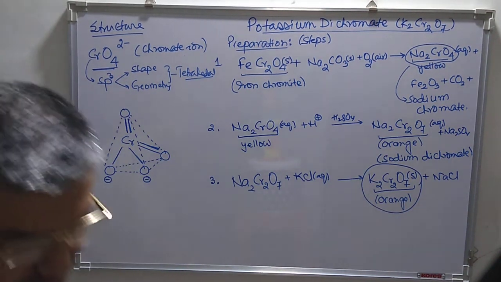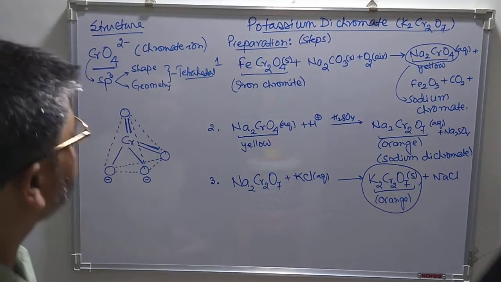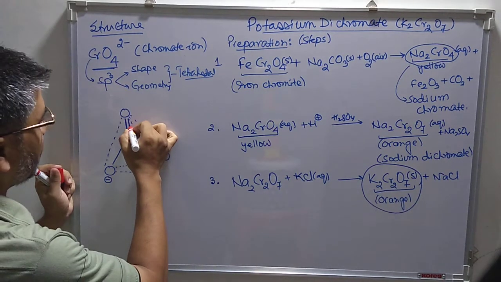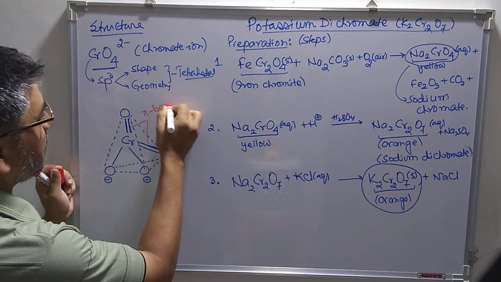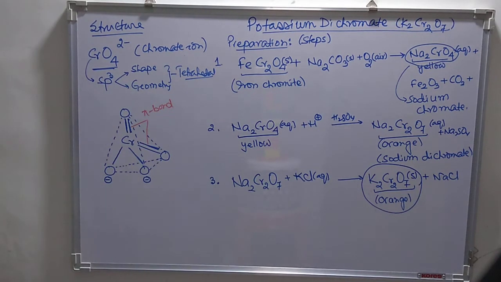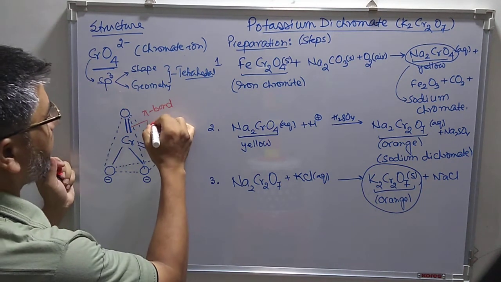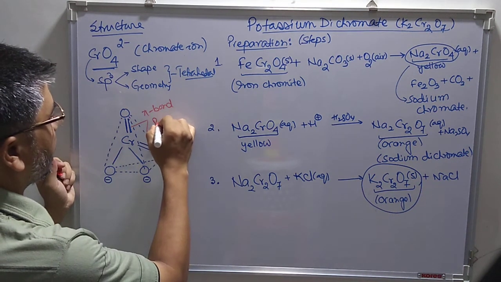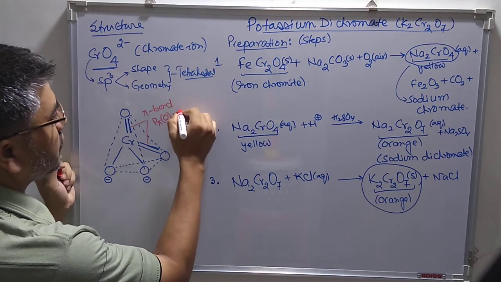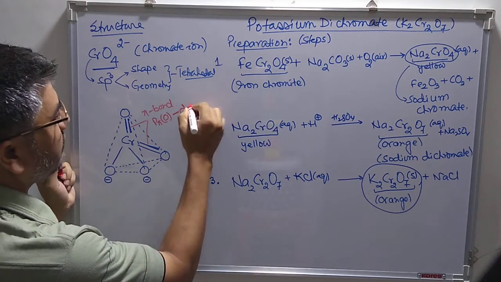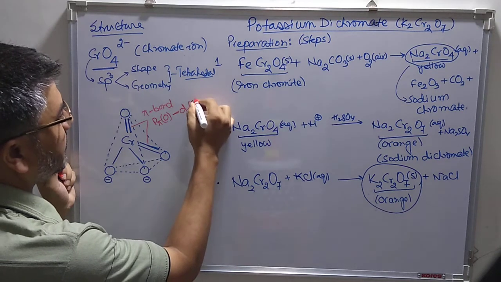These two pi bonds, this is a pi bond. Now this pi bond is formed by p pi d pi bonding. The p pi of oxygen transfers electrons to the d pi of chromium.